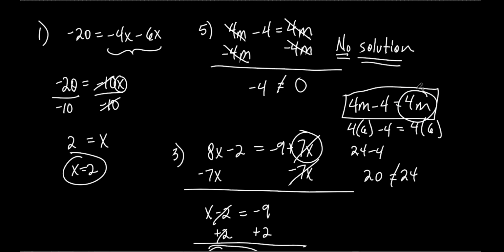Do you see that? So I can just look at it without even doing the algebra, just looking at it right now, I could tell you that there's no solution for this, because there's no way if I take a 4 away from 4m, it's going to equal the 4m, what I started with to begin with. Everybody got that?